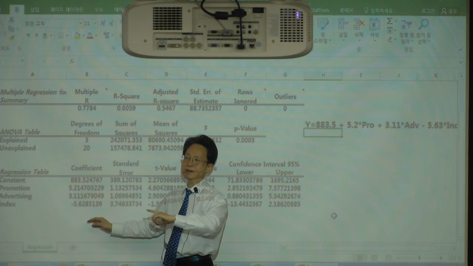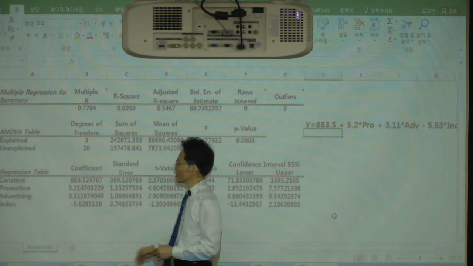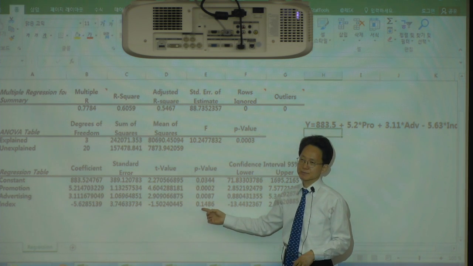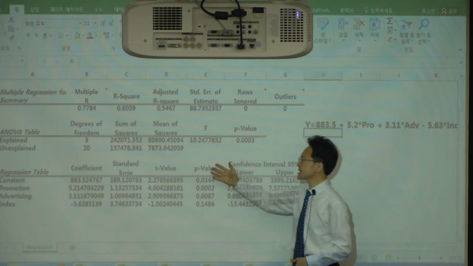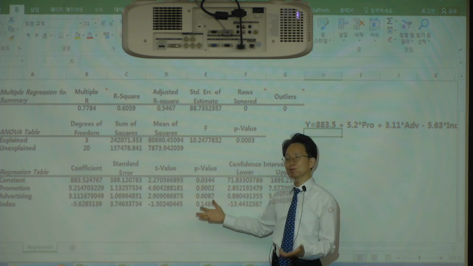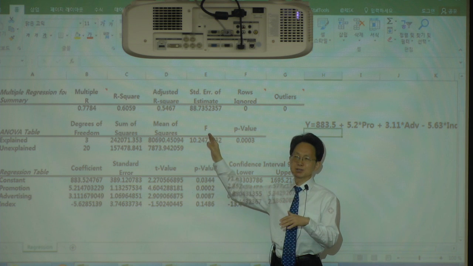If that is the product, then we call that an inferior product. And this might be a negative relationship between these two. But when I look at this one, the p-value is not good. In this case, what I can say is, this is not terribly bad either. If the p-value is 0.3, 0.4, then I would say that's completely useless.